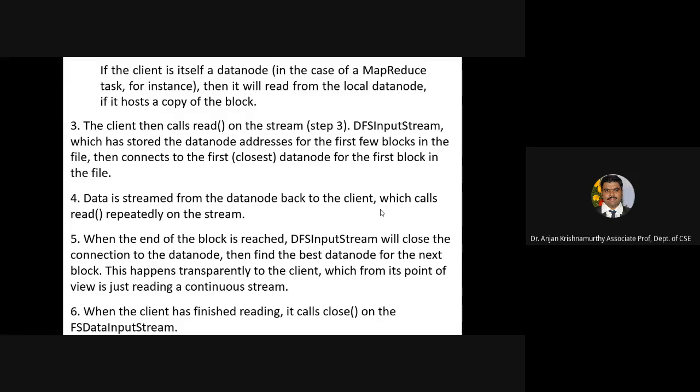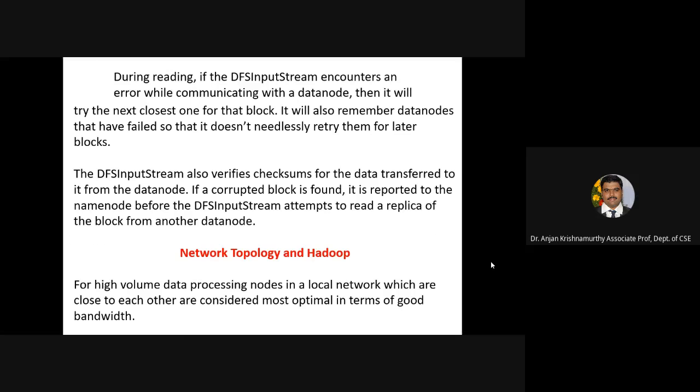The same thing we do in C programming also. We have an fclose of FP system call where we close that particular input stream which we had opened. So these are the elaborate steps.